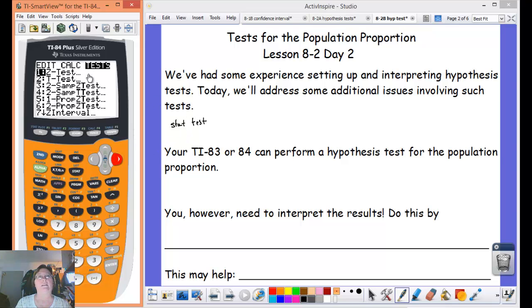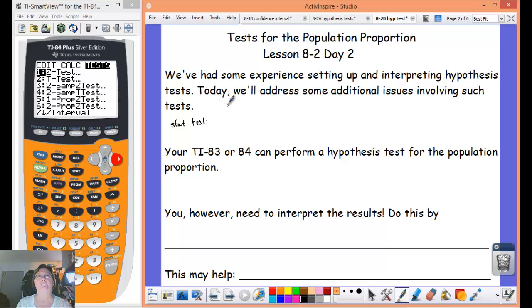There are a variety of tests and intervals that can be generated here, and I didn't show you the confidence interval before because I wanted you to do it by hand before we saw this. However, your calculator can do a confidence interval, and if you wanted the confidence interval, that is the one prop z int.